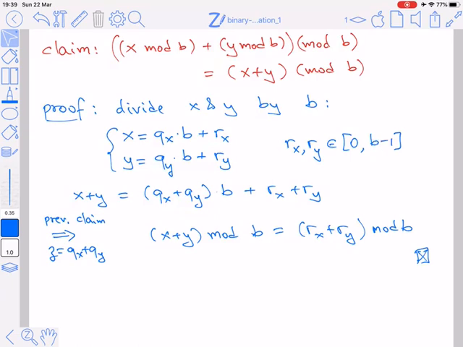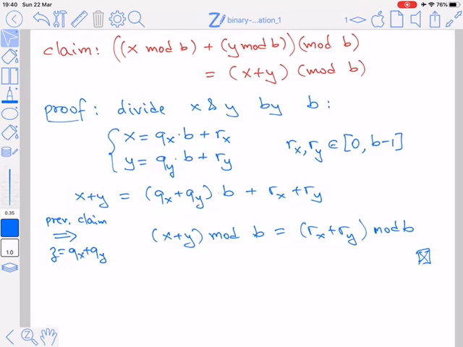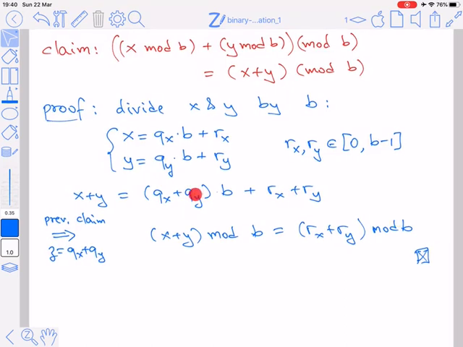Now, let's add x and y together. This is what we wanted to prove, right? We take x and y, we add them together. X plus y, we take these two equalities and we add them: (qx plus qy) times b plus rx plus ry. By the previous claim, where you substitute z equals qx plus qy, which is the multiple of b by which you add, you get that the remainder of x plus y mod b equals the remainder of rx plus ry mod b, because you're adding here a multiple of b.